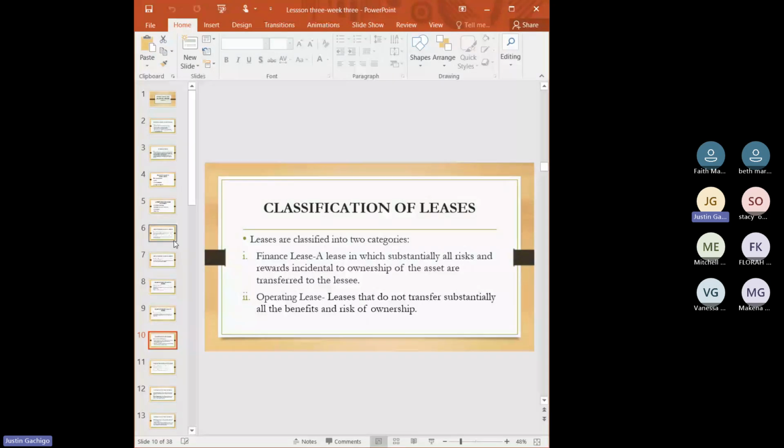So for the one bedroom unit that you have leased, you don't enjoy all the benefits and the risk of ownership. For example, if the house is damaged, you can just move out and the landlord will take care of that. But for a finance lease, if the house is burnt, you have to take care of the damages.